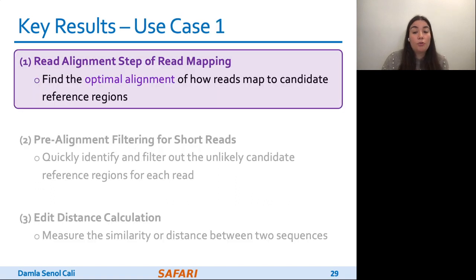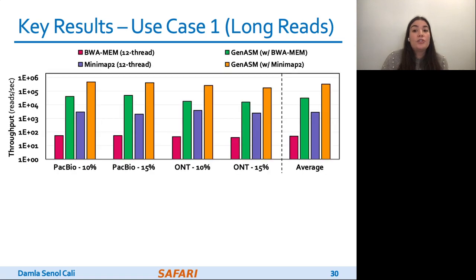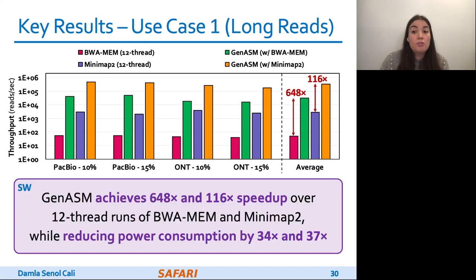Let's look at our results for our first use case. As software baselines, we compared GenASM with BWA-MEM, which is shown with red bars, and Minimap2, which is shown with purple bars. Both are commonly used state-of-the-art read mappers. We find that GenASM achieves 648 times speedup over the 12-thread run of BWA-MEM and 116 times speedup over the 12-thread run of Minimap2, while reducing power consumption by 34 times and 37 times.